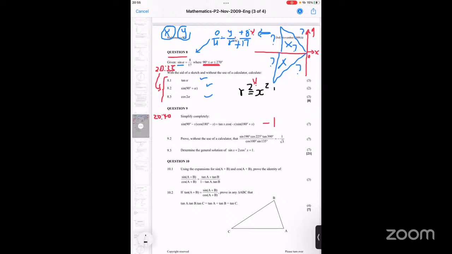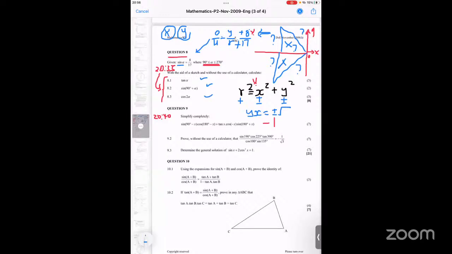You do everything correctly, but when you get to this, you just get it wrong. Just know, honorable members, that this thing is always positive. This one is either positive or minus. So when you calculate your x, just know that when you do the square root, it will be positive or negative, even for y.